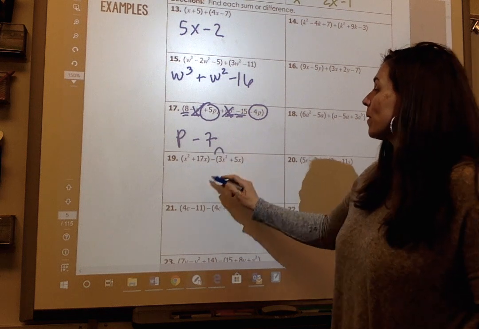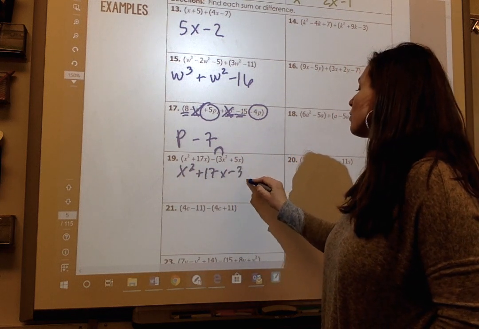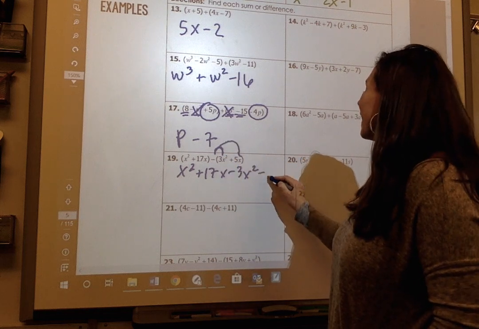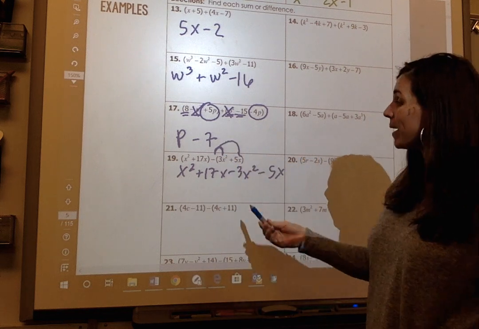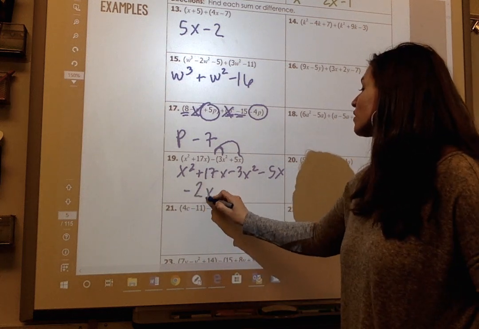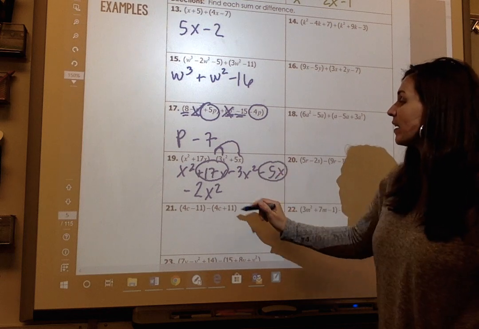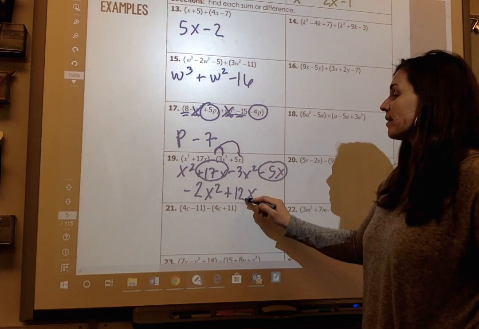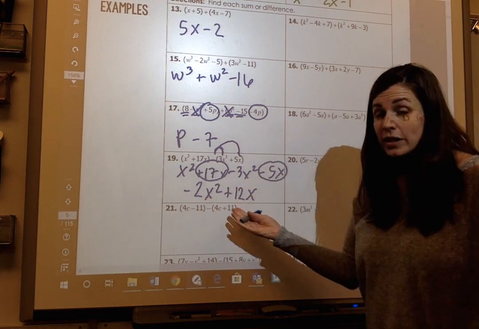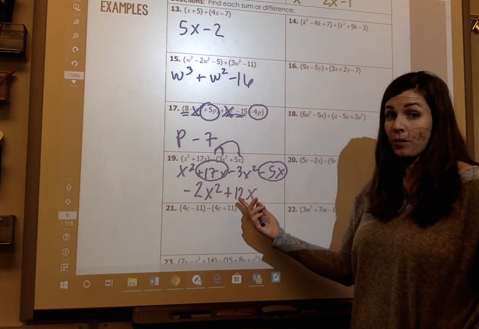I'm going to distribute my negative, so I get x squared plus 17x minus 3x squared minus 5x. When I combine my like terms, I get x squared and negative 3x squared, which is negative 2x squared. 17x and a negative 5x is positive 12x. So greatest degree down, this is a quadratic because it's to the second degree, binomial.